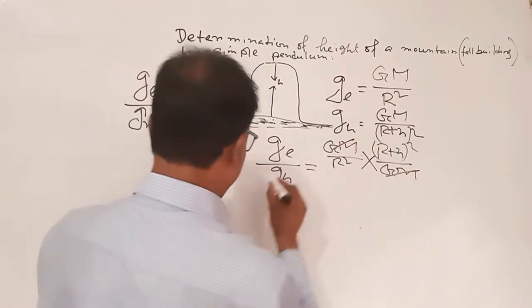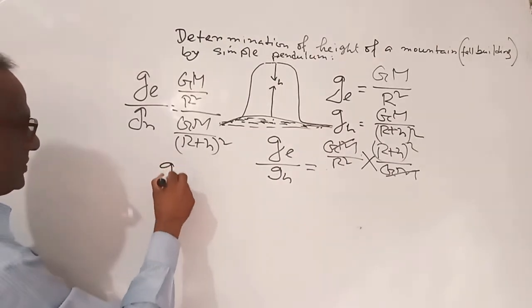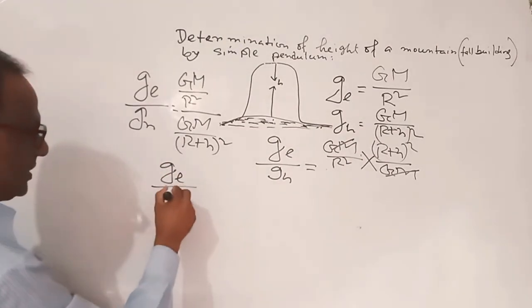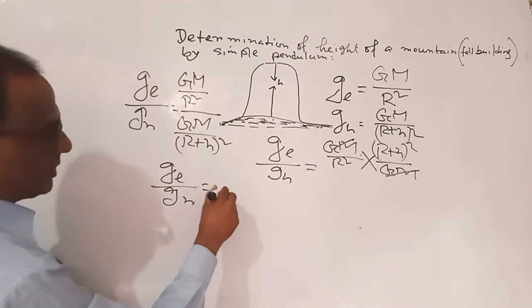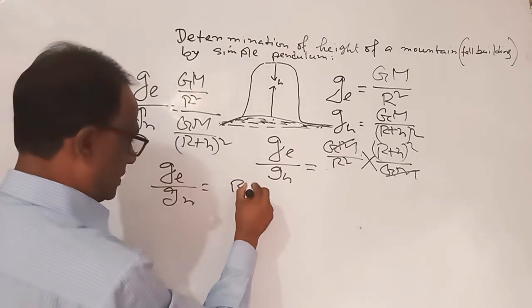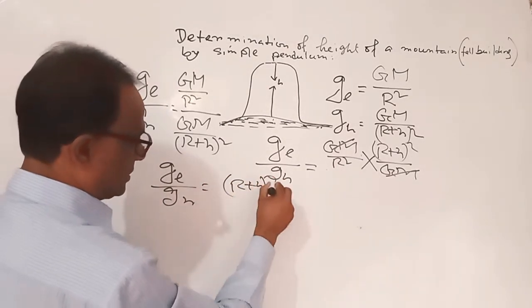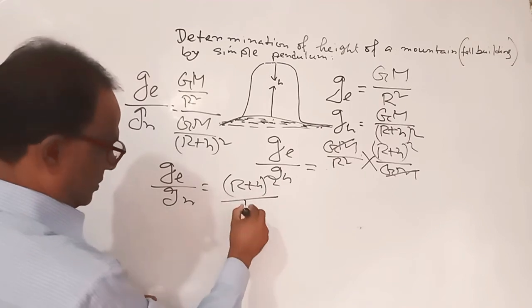So we have Ge by Gh equal to (R plus h) whole square by R square.